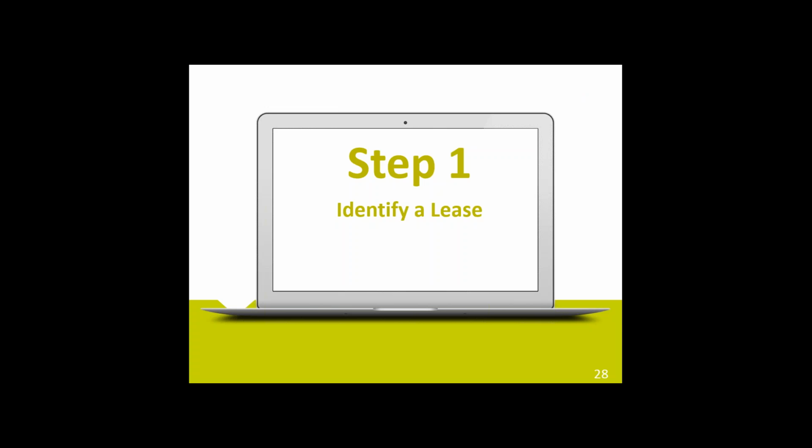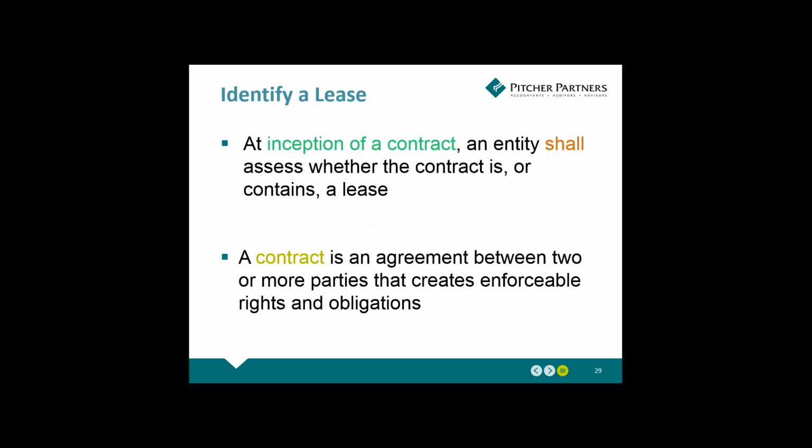So step 1 in that process is to identify a lease. Around identifying a lease, they say at inception of a contract, an entity shall assess whether the contract is or contains a lease. So as soon as you've got a contract, you have to think, is this contract a lease or does this contract contain a lease?